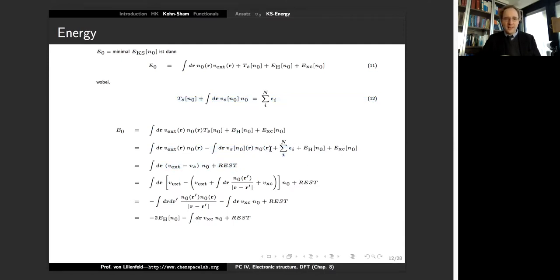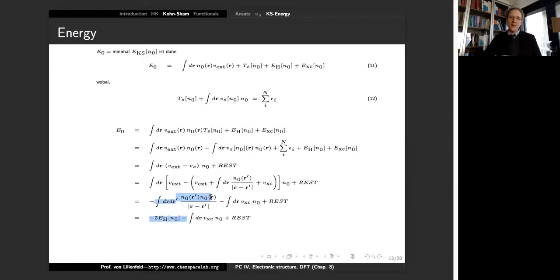Now let's consider these two integrals in the beginning, and the last three terms we call this rest, right? Then you can factor out this electron density, and you can also substitute your expression for the Kohn-Sham potential. And then you see that the Vx, the external potential, exactly cancels. And you are left with two integrals.